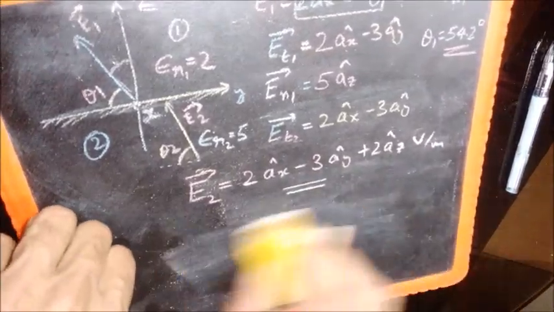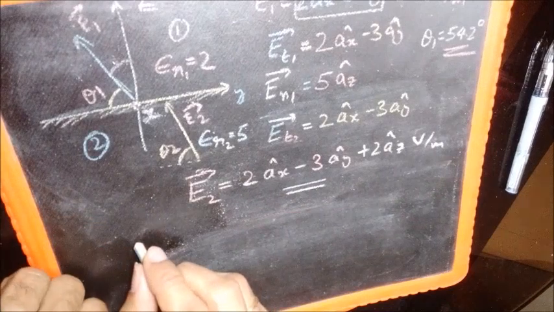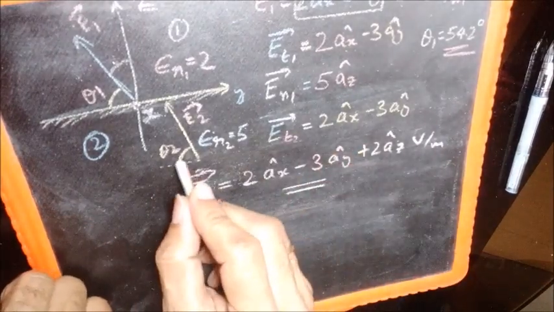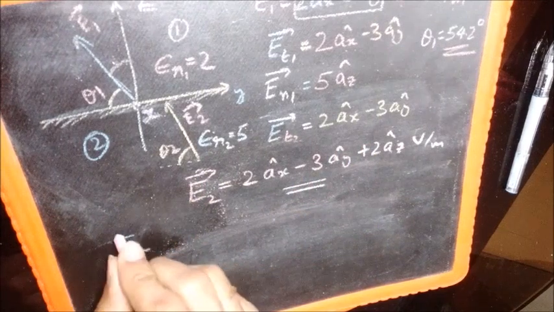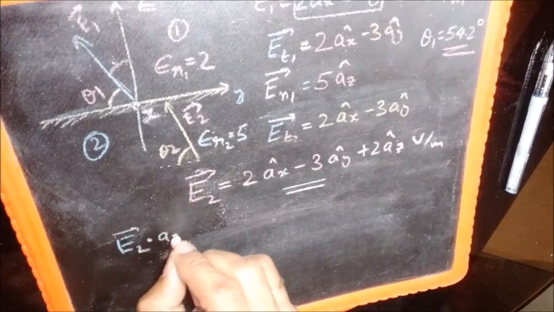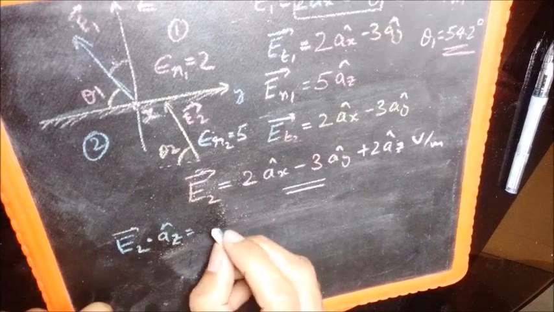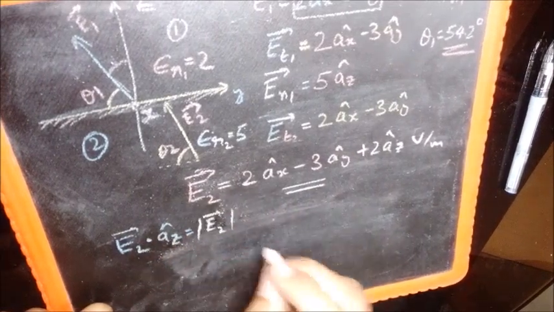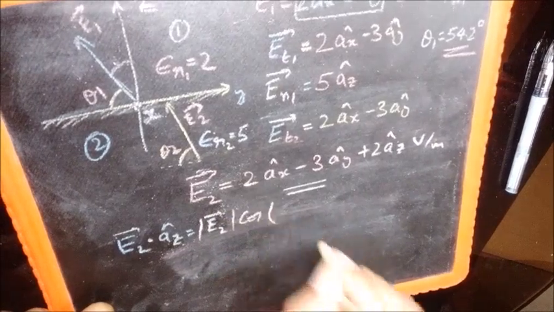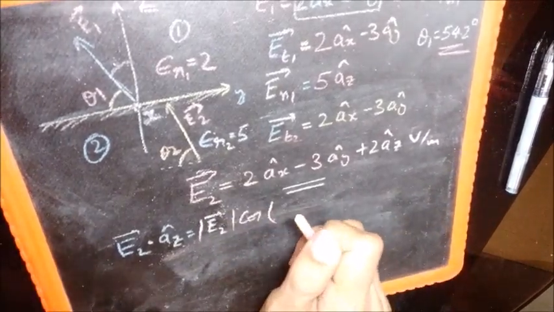Now before I go for D2, maybe I can find out what theta 2 is. So again, E2 dot Az has to be equal to the magnitude of E2, the magnitude of Az is 1, times the cosine of the angle between E2 and Az.